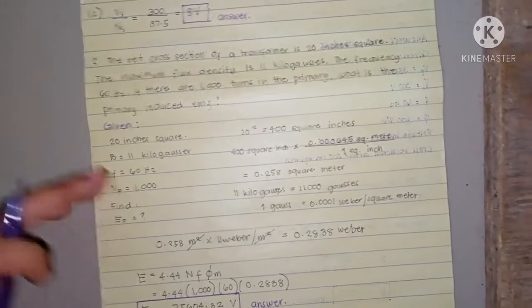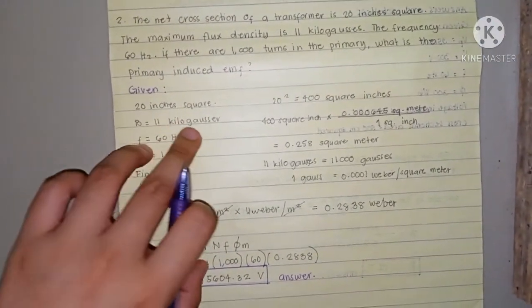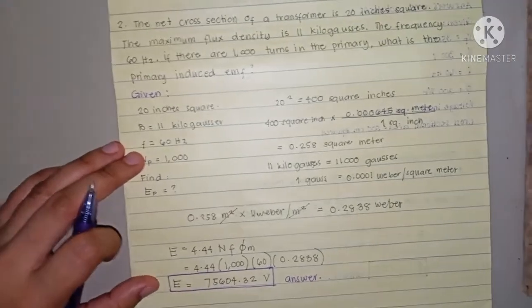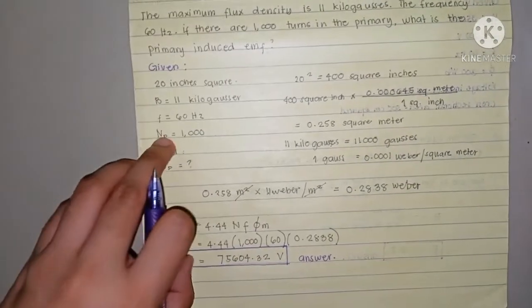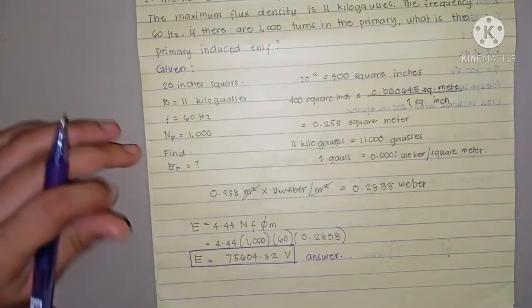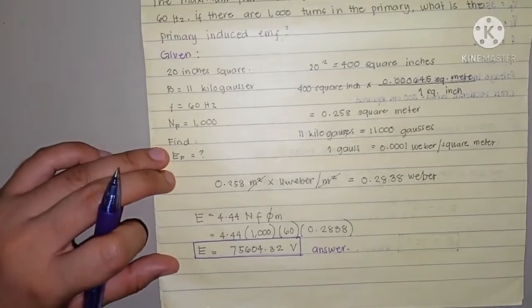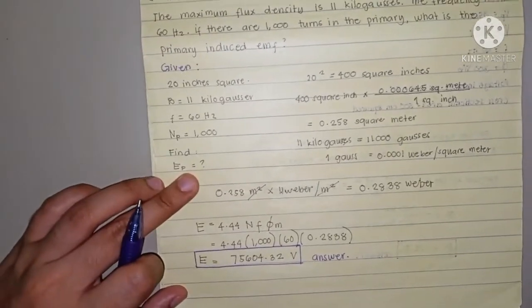Then we have a given flux density, which is 11 kilogauss, and a frequency of 60 hertz, and the primary turns we have 1000 turns. We were asked to find the value of the primary induced EMF.